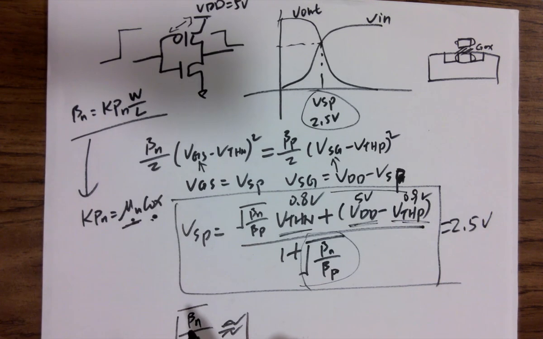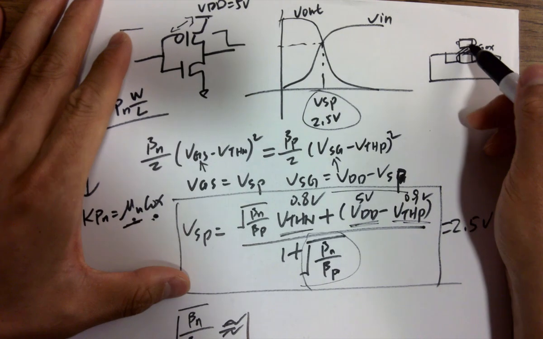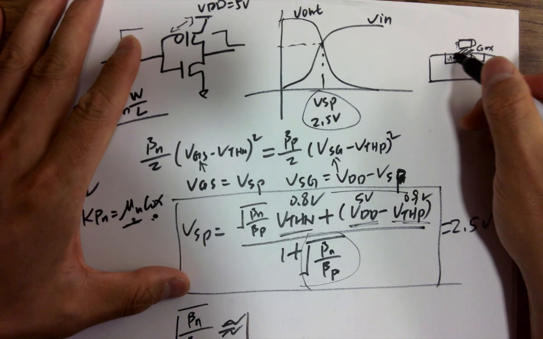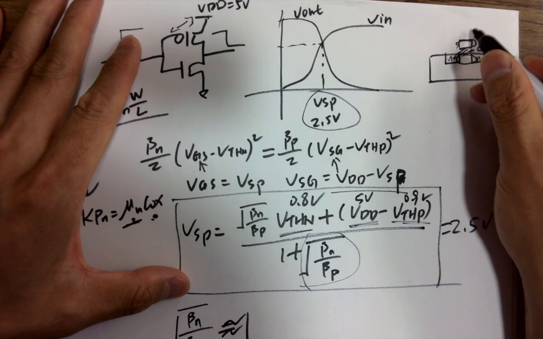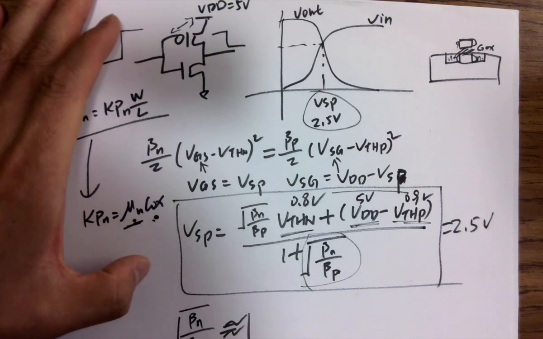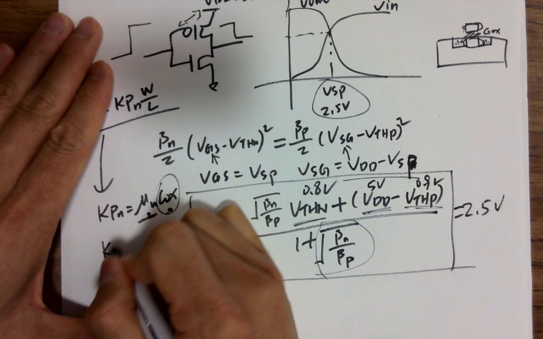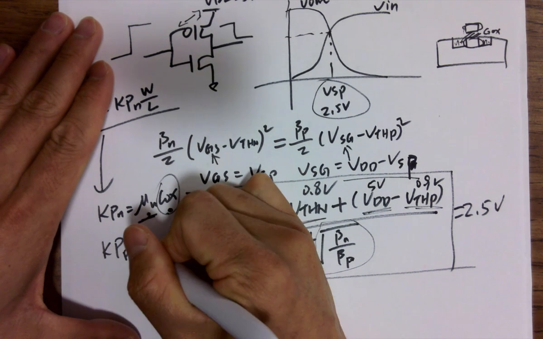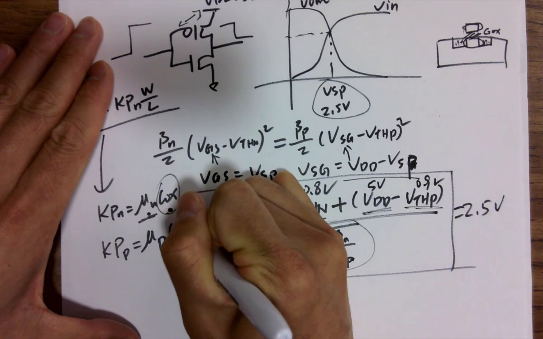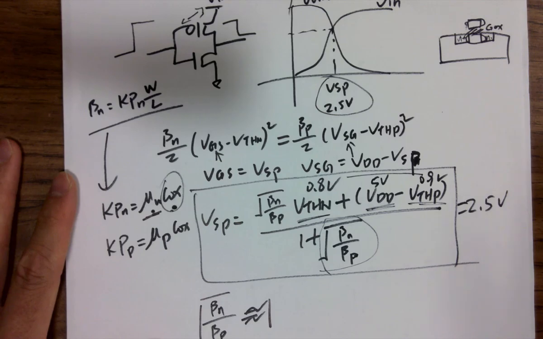It's given. The poly layer doesn't matter whether it's PMOS or NMOS, it's the same distance and the same material, so it has the same unit capacitance. But for KPP, it's mu p COX by definition.